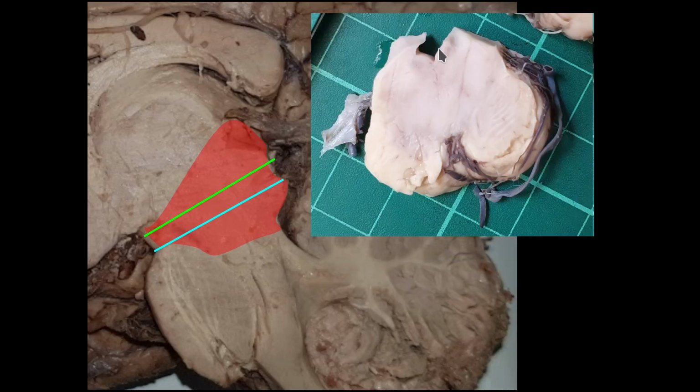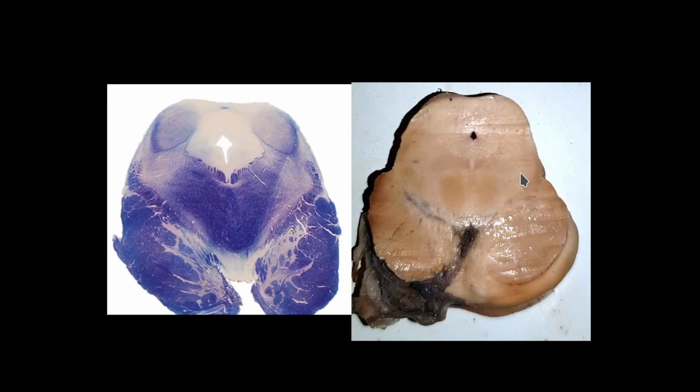Okay, you flip it on the other side, you start to see the beginnings of the fourth ventricle. So it looks like a pons and a midbrain hybrid, but it's more pons now than midbrain because there's no more substantia nigra. And the gray matter that are usually seen in the pons start to appear here. Okay, so that's the lower midbrain.